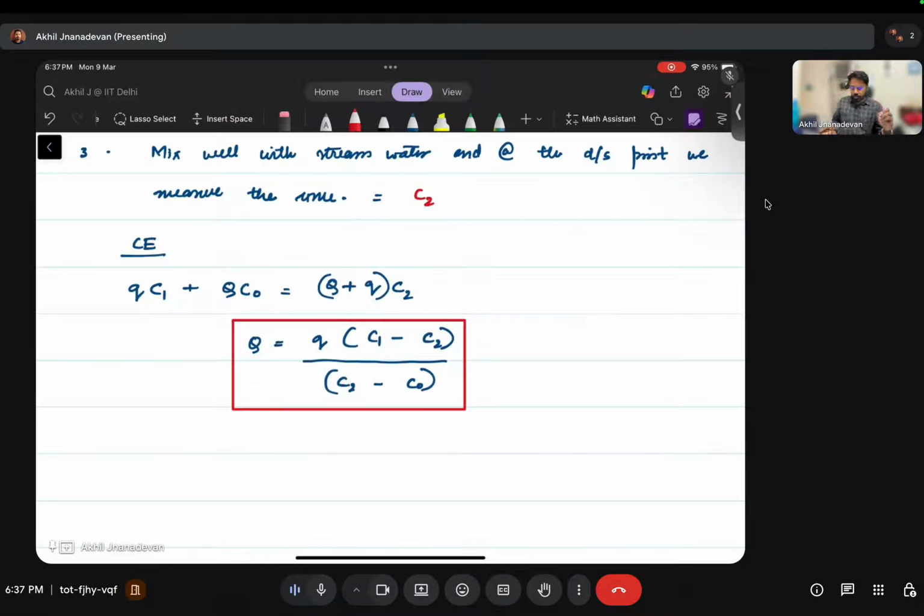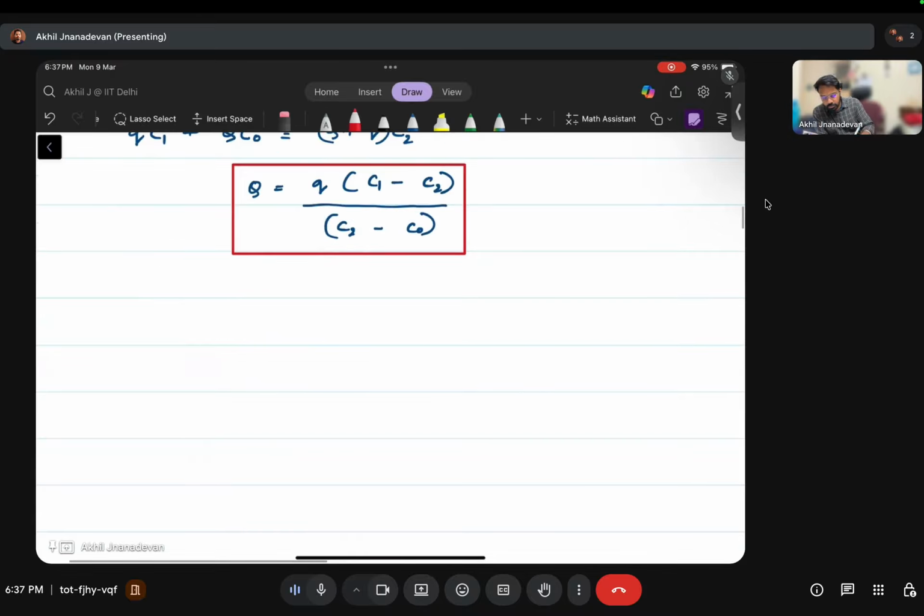So this is the expression for the discharge using the continuity equation. If we have the injection concentration of the tracer, the downstream concentration of the tracer, the initial concentration of the tracer, and the flow rate at which the injection is given, then we can measure the discharge using this particular formula. And usually this C naught will be very small, very small compared to C2.